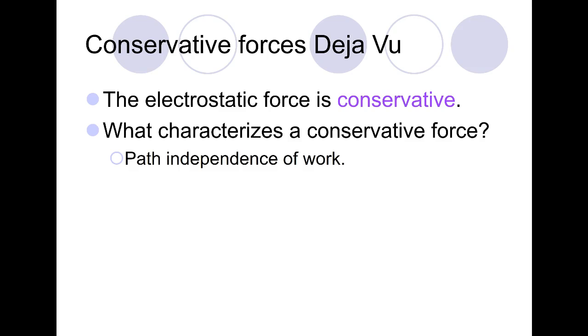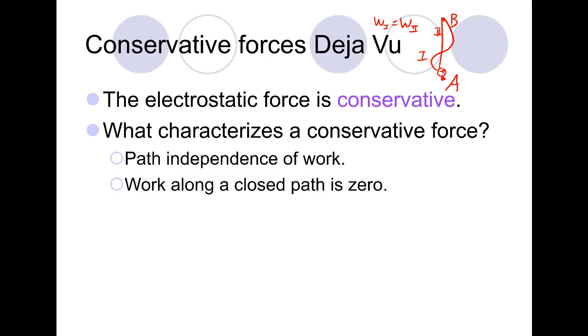It doesn't matter which path I take to get from point A to point B if I have a charge. It doesn't matter if I take a loopy path or a straight path, the work is going to be the same. So if this is path 1 and path 2, the work on 1 is equal to the work on 2. That's what that first point means.